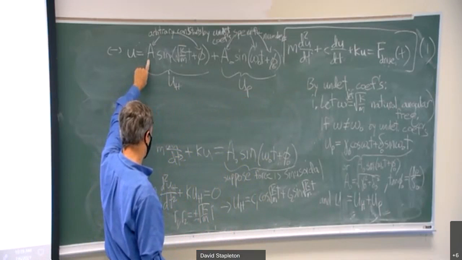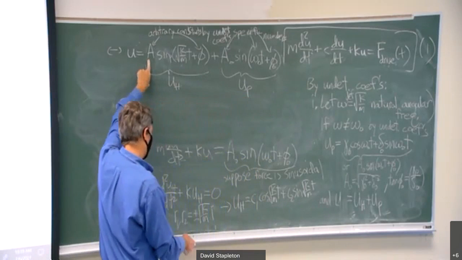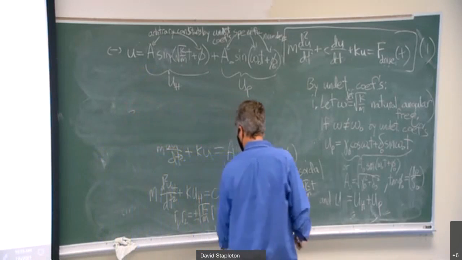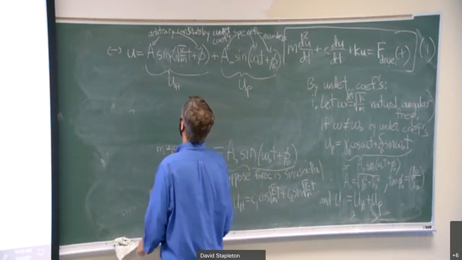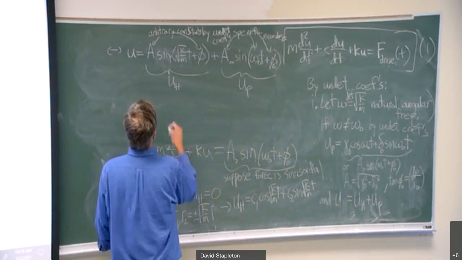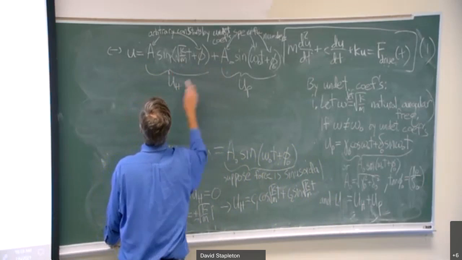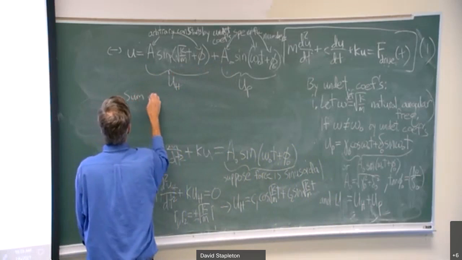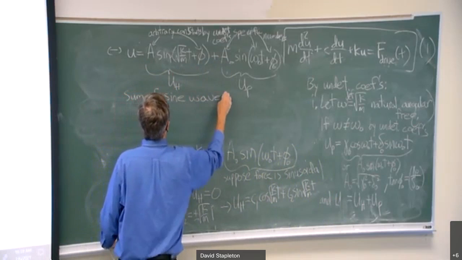U homogeneous is not this, right? Oh yeah, I'm sorry, this way, yeah. Okay, so this is good, and what we get here is a sine wave plus a sine wave, a sum of sine waves is the solution in this case.